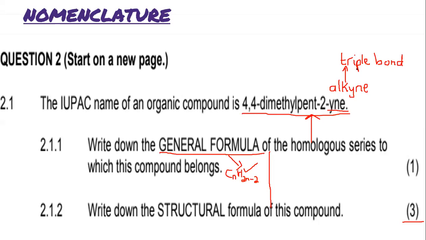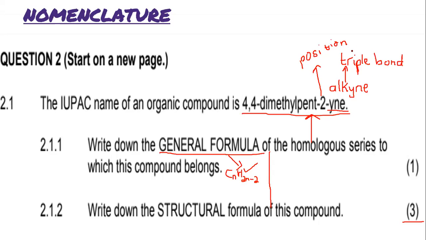Right, so it means somewhere I must have a triple bond. Then we look at the 2. The 2 there gives me the position of the triple bond.